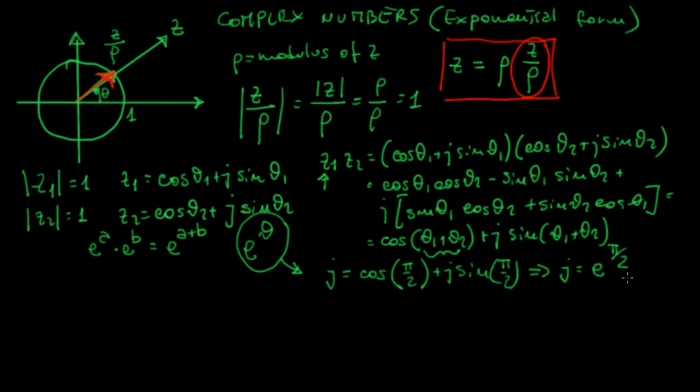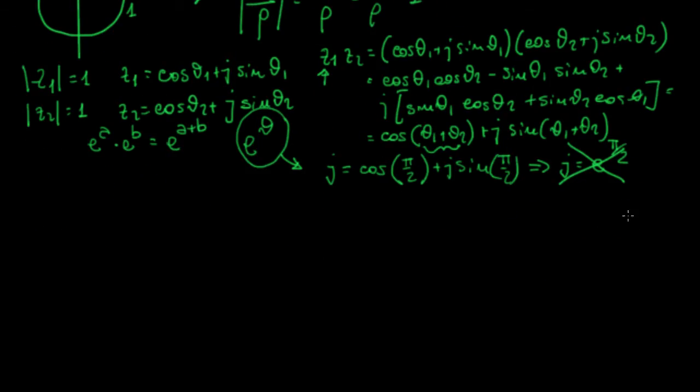But e raised to pi over 2 is a real number, so this cannot be the right way to represent a complex number in the exponential form. Well, the right way is to use e raised to j theta. This is the right way to represent a complex number using the exponential form.